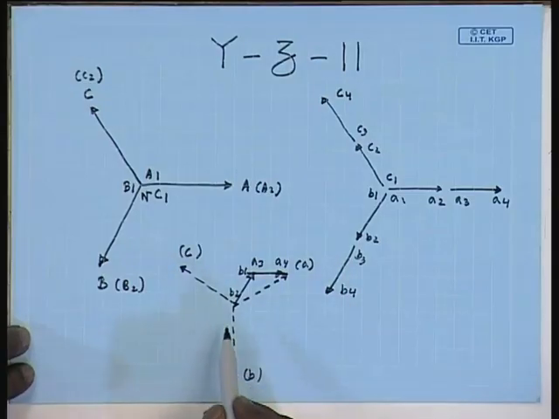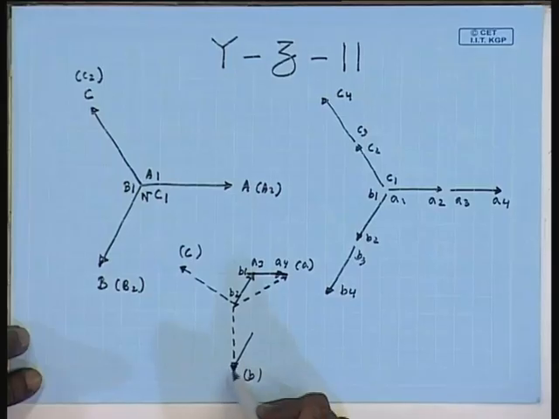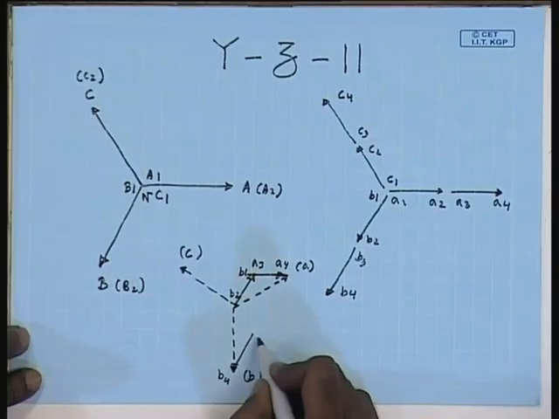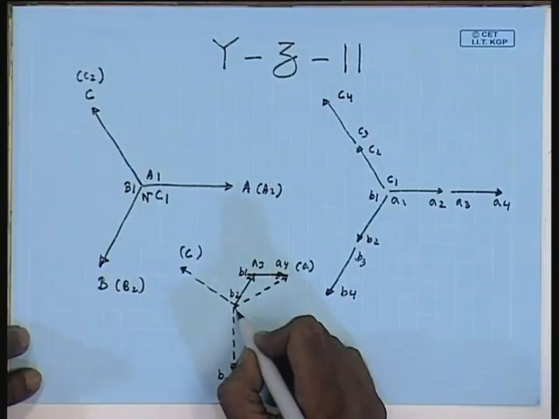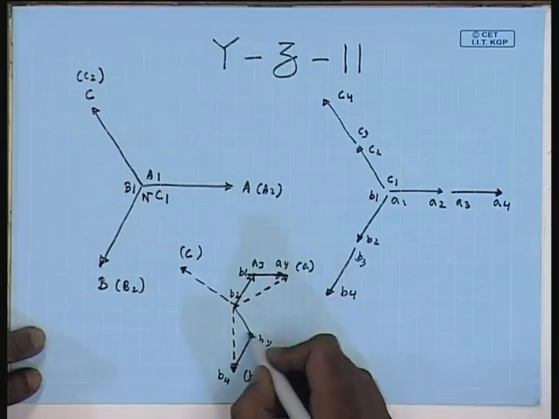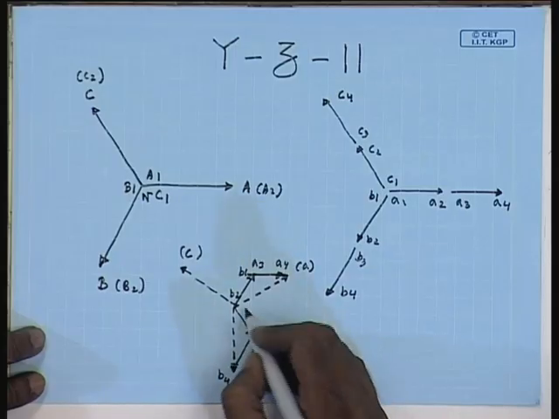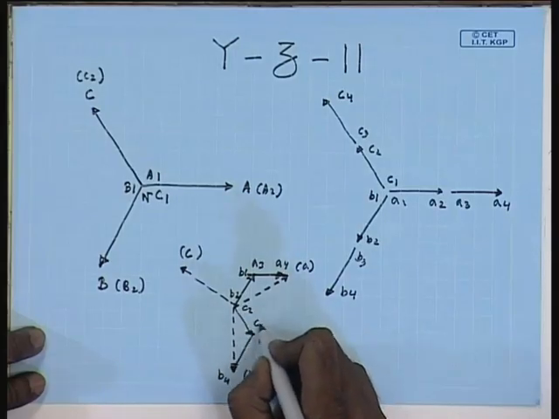Similarly, for B phase, this should be B3, B4, this should be C2, C1.